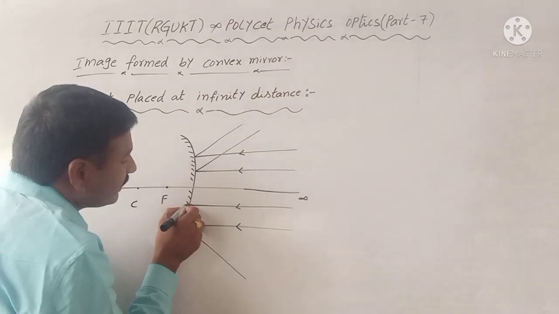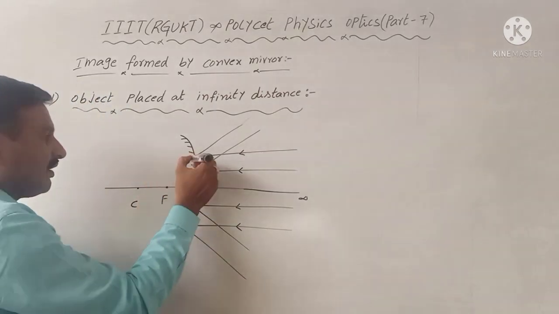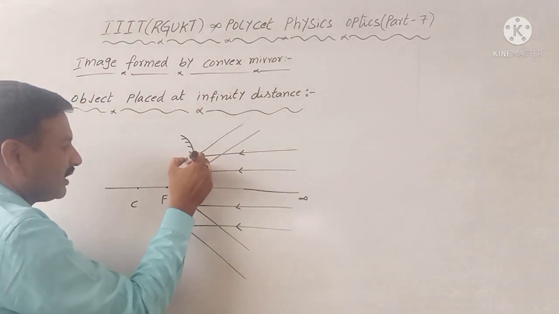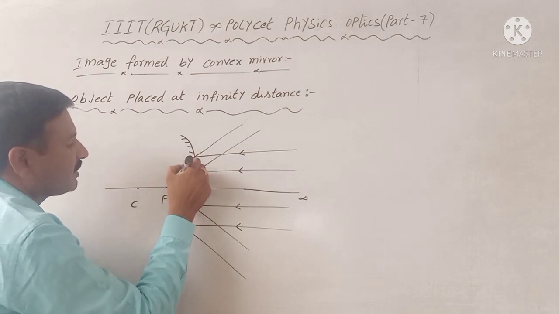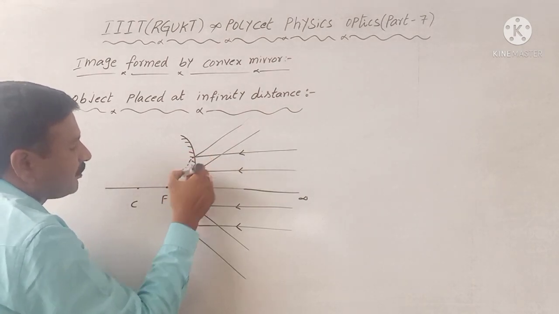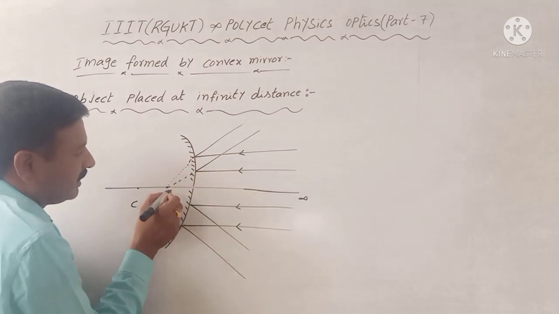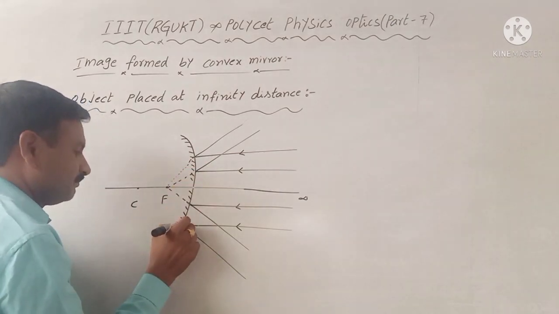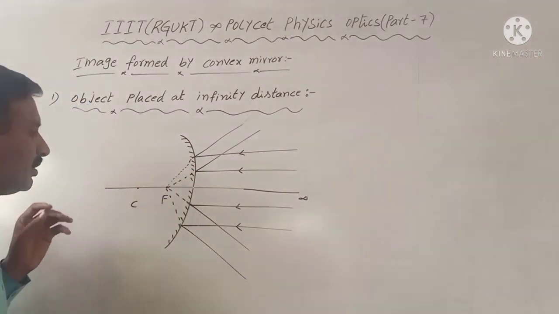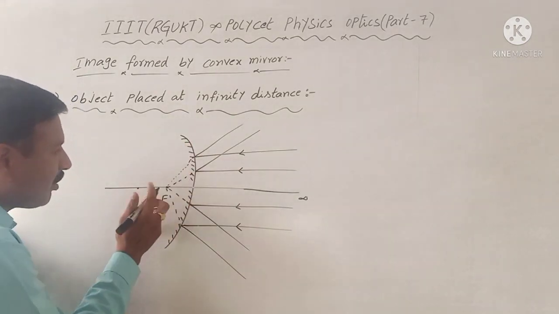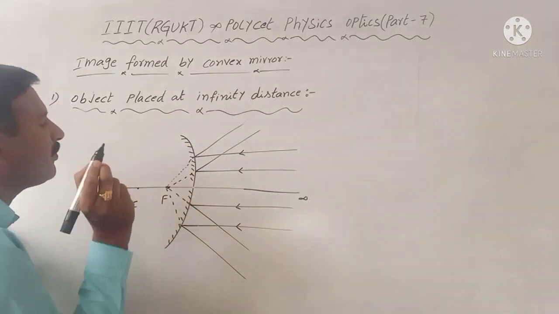It is divergent. Already you know rule 1: after reflection, the light rays pass through the focus. So all these light rays, when extended, meet at the focus.